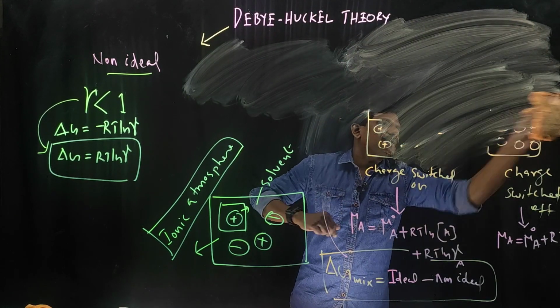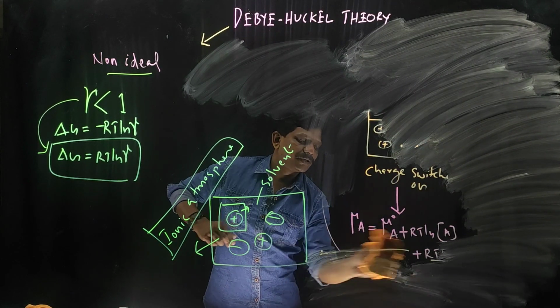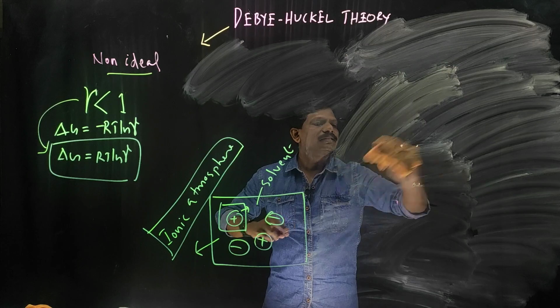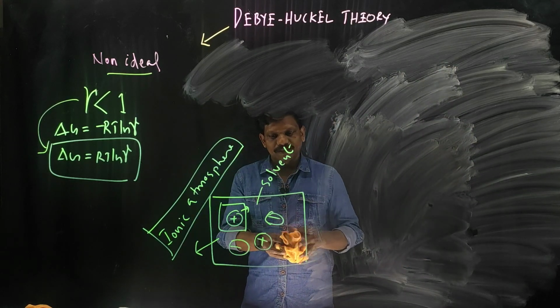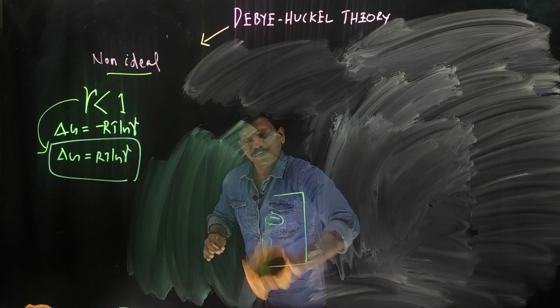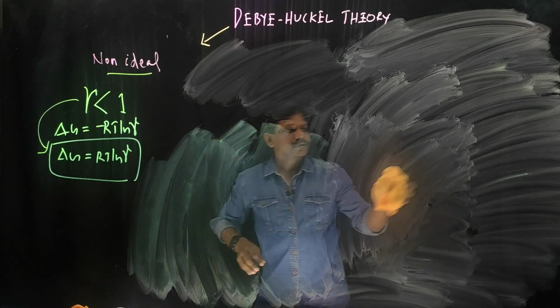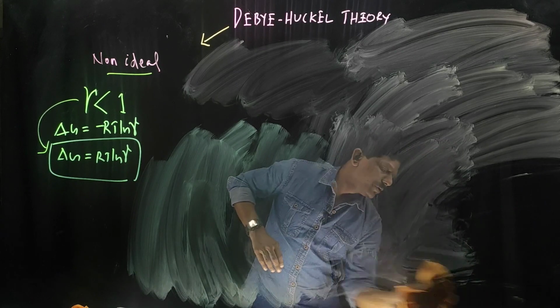It told us about the ionic atmosphere, that means how the system is stabilized, and what are the factors mainly affecting the ionic atmosphere. That is our next discussion. We will see it one by one.